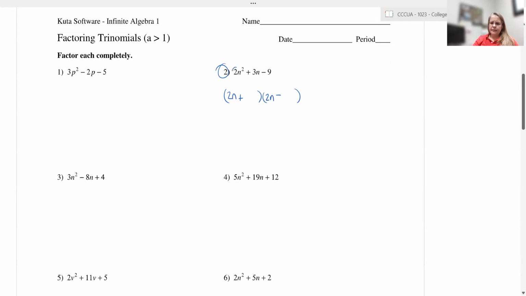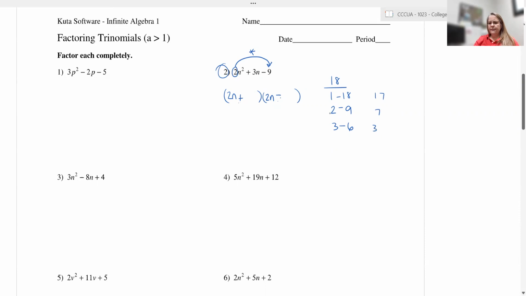And my next step is I'm going to take 2 times 9, and that's what I'm going to find the factors of. So I've got 1 and 18, 2 and 9, 3 and 6. Now, because my signs down here in the binomials are different, then I'm going to find the difference of my factors.